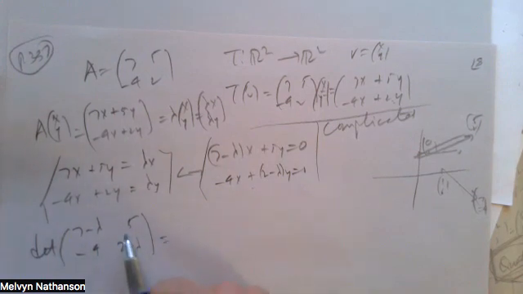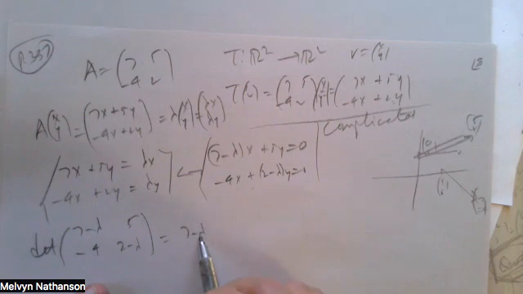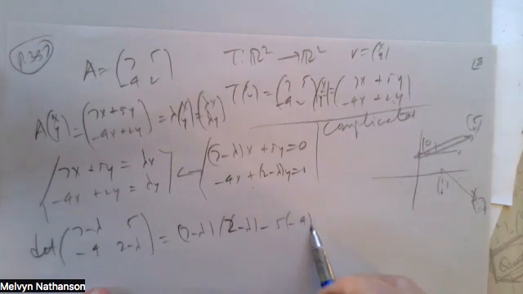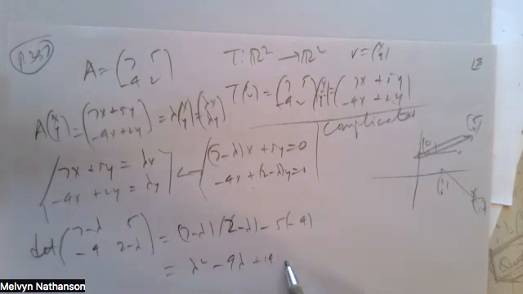What is this determinant? It's this times this minus 5 times minus 4.